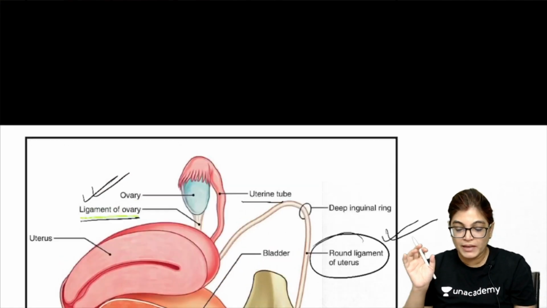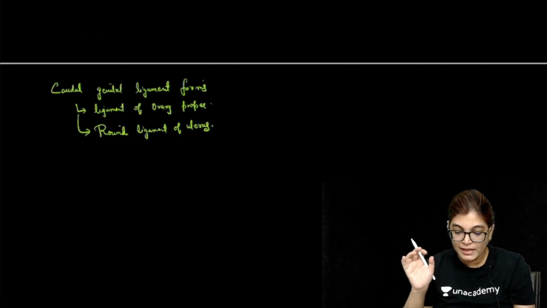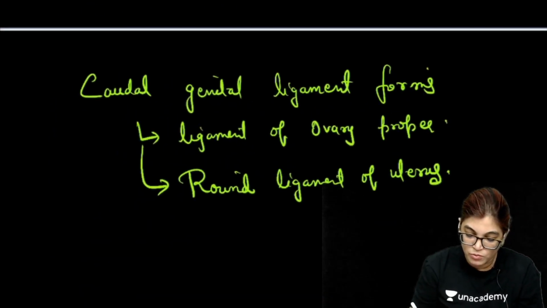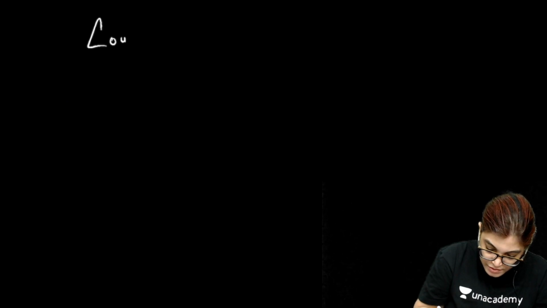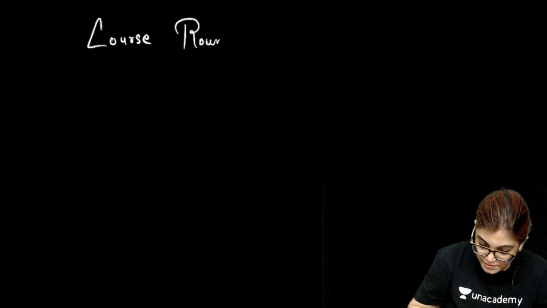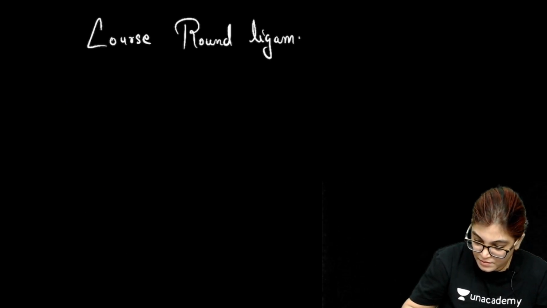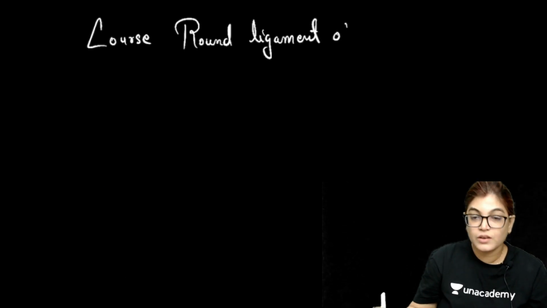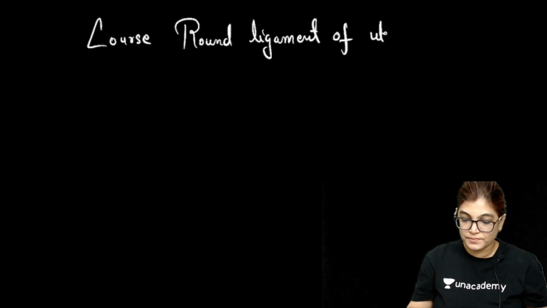So firstly, in short, let me write the whole course of the round ligament and then we will see further diagrams which will make you more clear. So write down the course of round ligament of uterus.